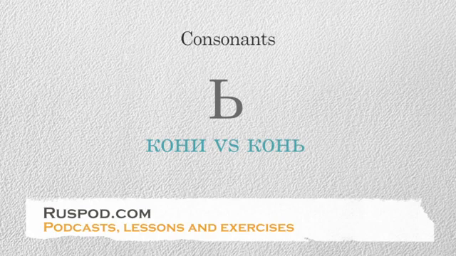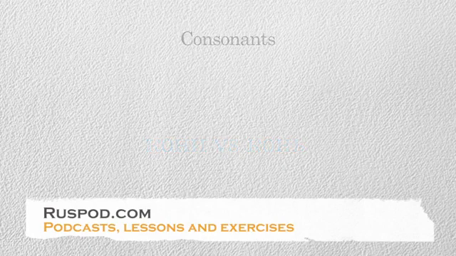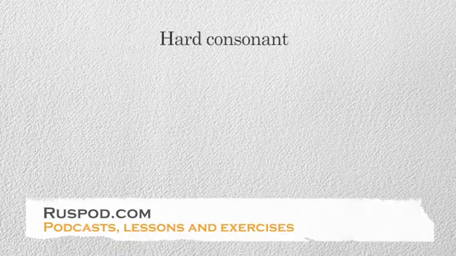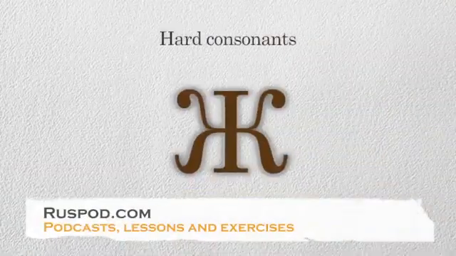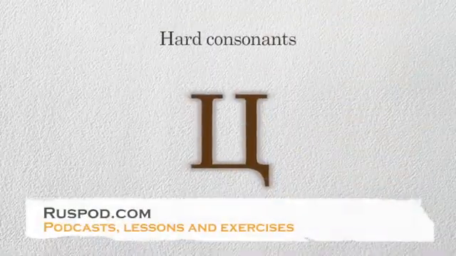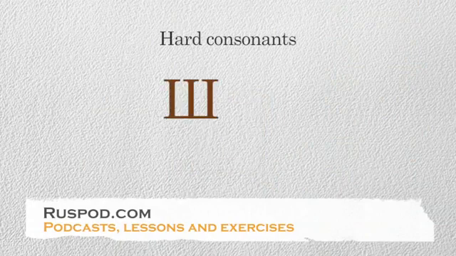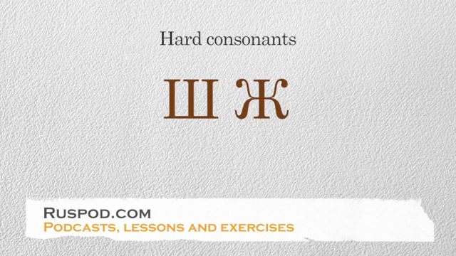So, as we've mentioned before, most consonants can be both soft and hard. However, there are three consonants that are always hard, and these are ш, ж, ц. The sounds ш and ж can be very hard to pronounce for some people. One way to practice is to start with an easier sound like s. So you start with sa and then you move your tongue to the back of your mouth.